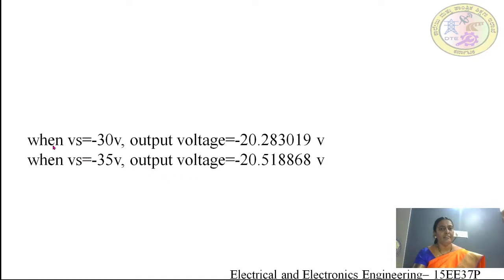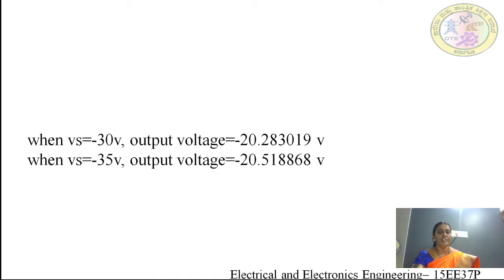Next, we get the output voltage as minus 20.28 when Vs is minus 30 volts, and when Vs is equal to minus 35, output voltage is equal to minus 20. Approximately both the values are the same. That is, the voltage is constant irrespective of the variation of the source voltage.